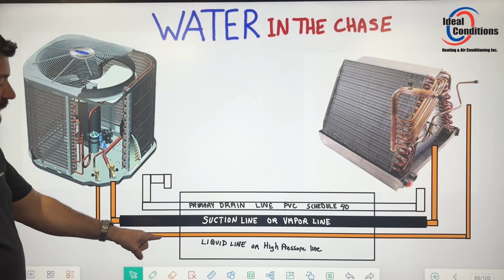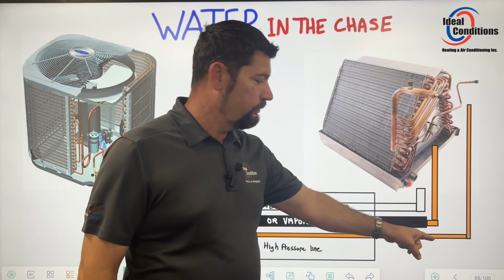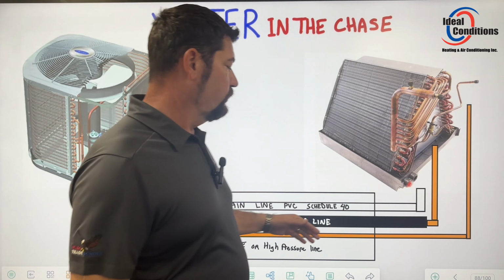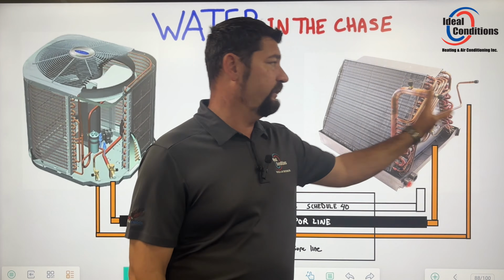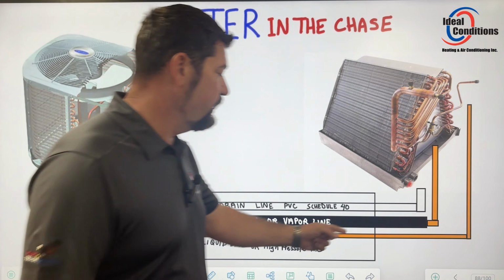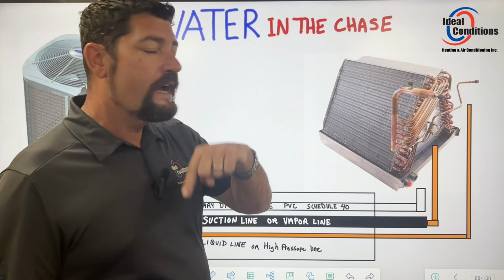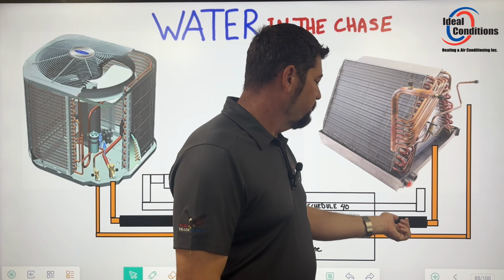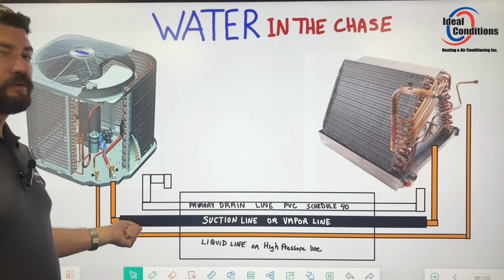Well, if I have 6-degree subcool, and then over here I have all of a sudden 12-degree subcool, how did I cool my liquid down further to give me a larger subcool, which is excellent for this coil? But if I'm 6 degrees or 4 degrees coming in here and I'm higher on this side, then I could expect to double prove that theory: the suction line is going to be one temperature, but on the other side of that chase it's going to be a lower temperature.